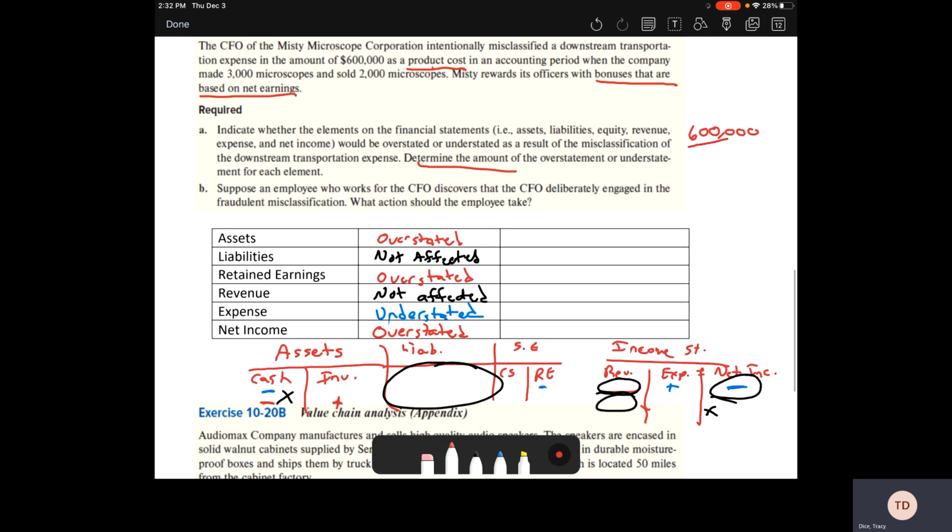So we have to figure out how much of that $600,000 is misclassified per microscope. So we divide that by the total number of microscopes that we created during that time, which is 3,000. When you divide that, you should find that it is distributed as $200 per microscope.